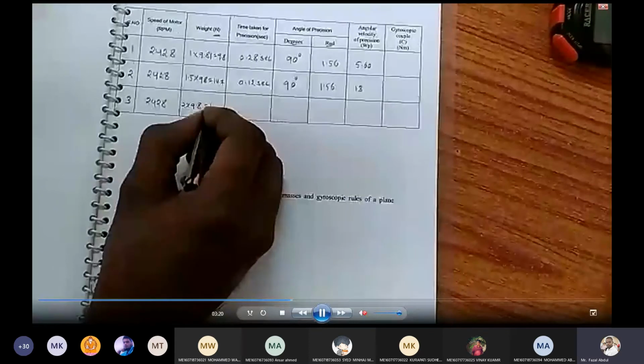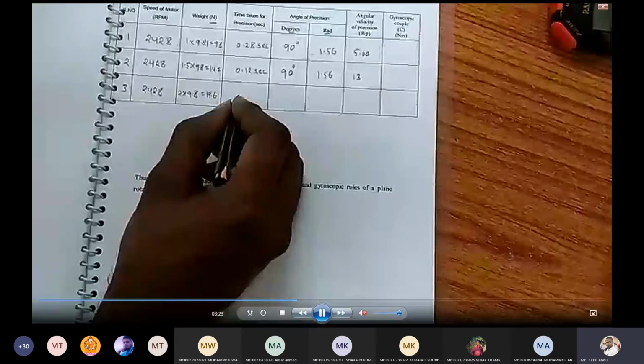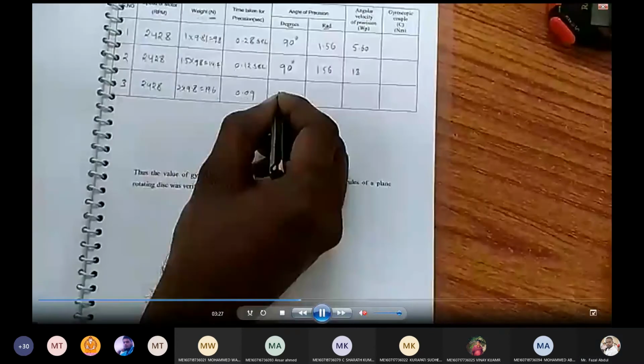How much time taken for the 90 degrees of rotation, that we need to take. 90 degrees convert into radians. Now what is omega P for the 2 kg load? Third load, 17.3.